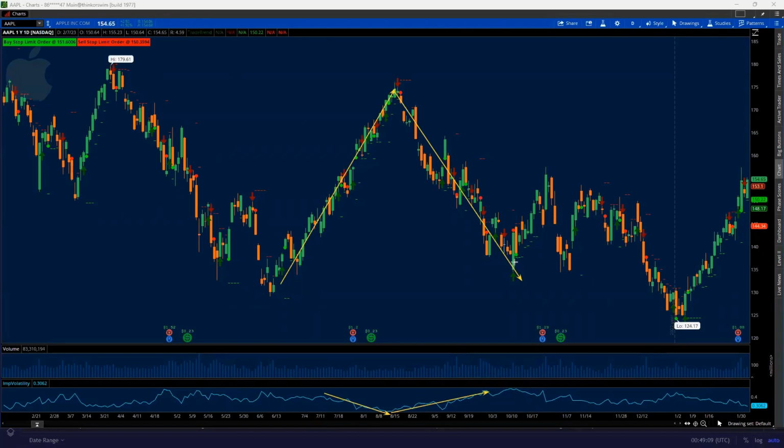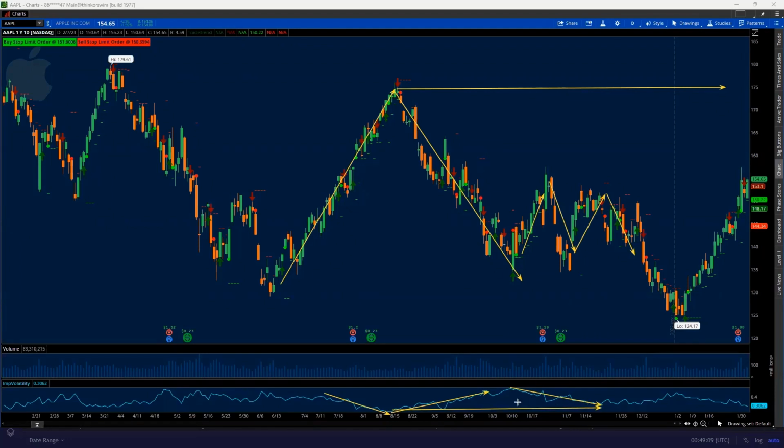Now, after this Apple sell-off, the stock just went into a range for a while, right? For a couple months. Implied volatility came back down during this period. So the stock didn't necessarily have to get back up here, but look where implied volatility ended up. Back down at lower levels.